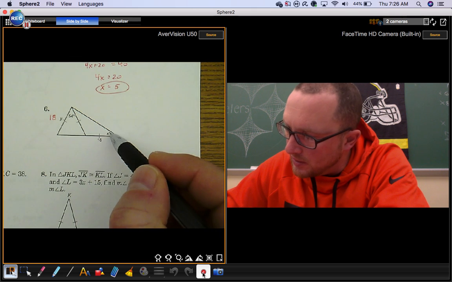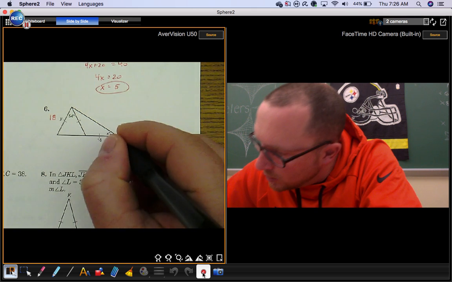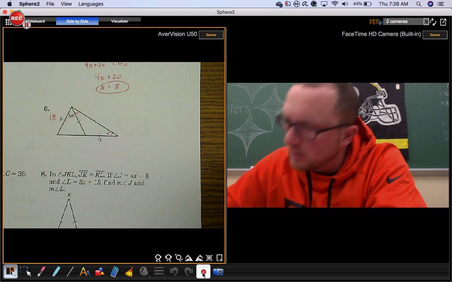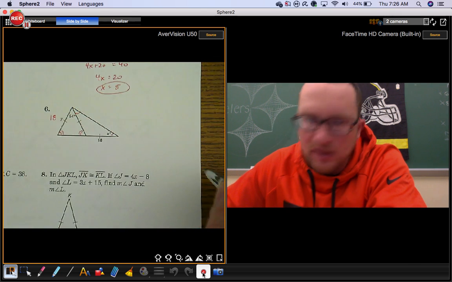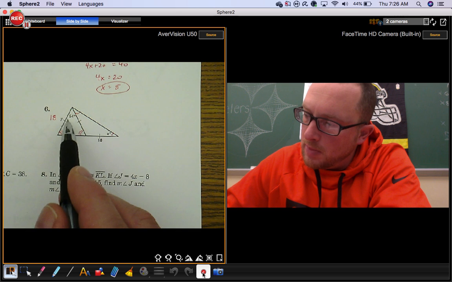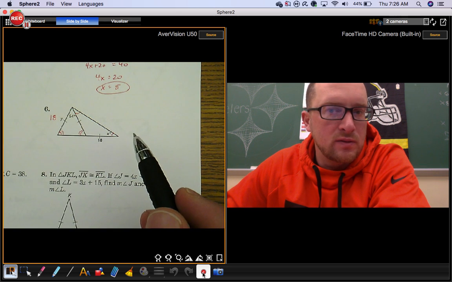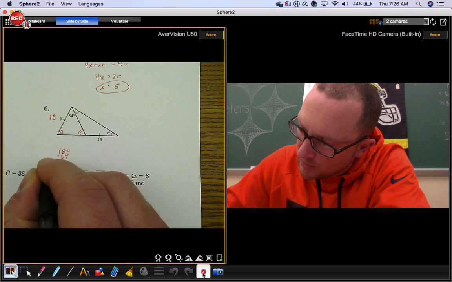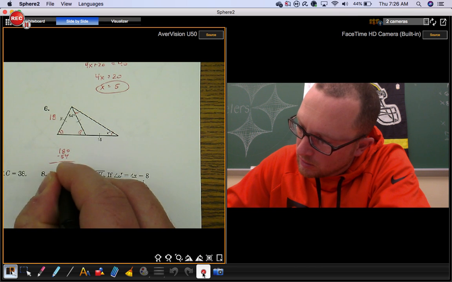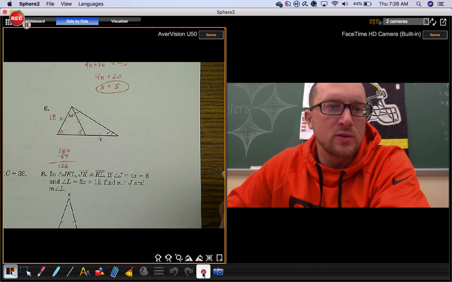Now you also have to find this base angle over here. It's not going to be the same as these base angles necessarily. That's your vertex angle, 54 degrees. So what's left over from 54 degrees? 126 degrees.